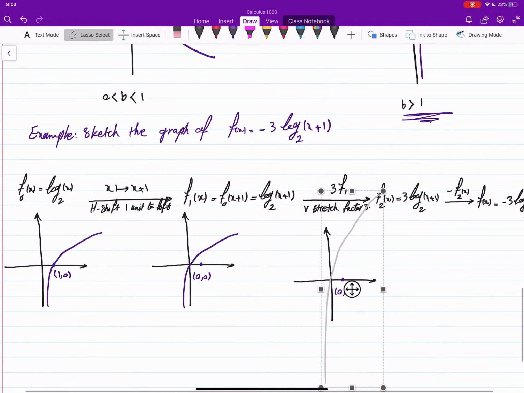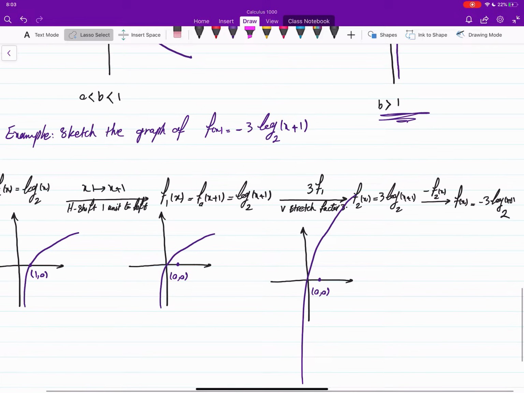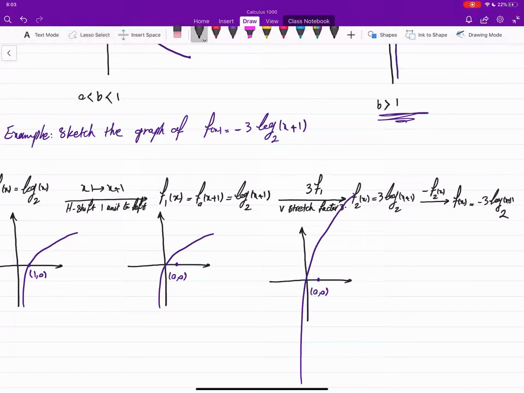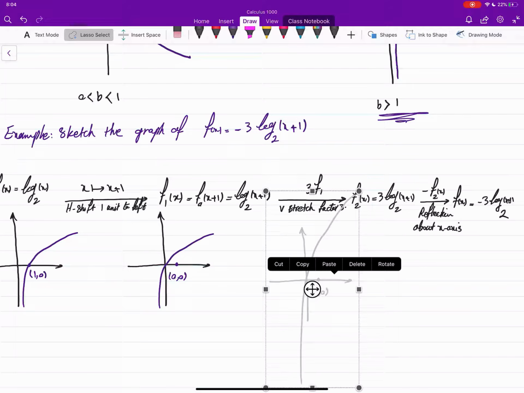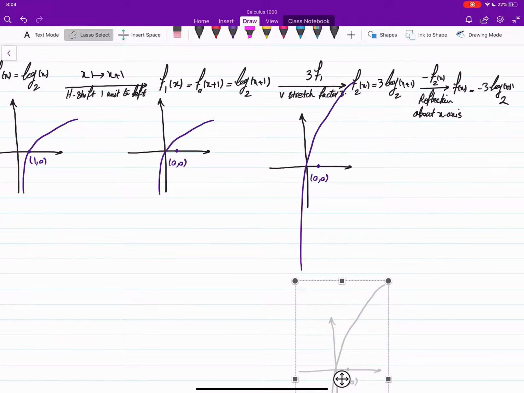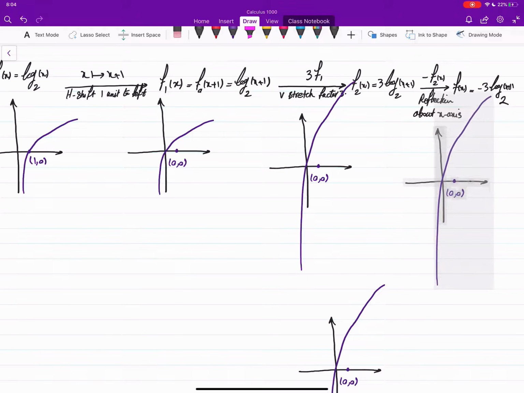And the last one is to multiply the whole function by negative. That's a reflection about the x-axis. So for the reflection about the x-axis, we need to choose this, copy, and then paste. We'll do it here again.